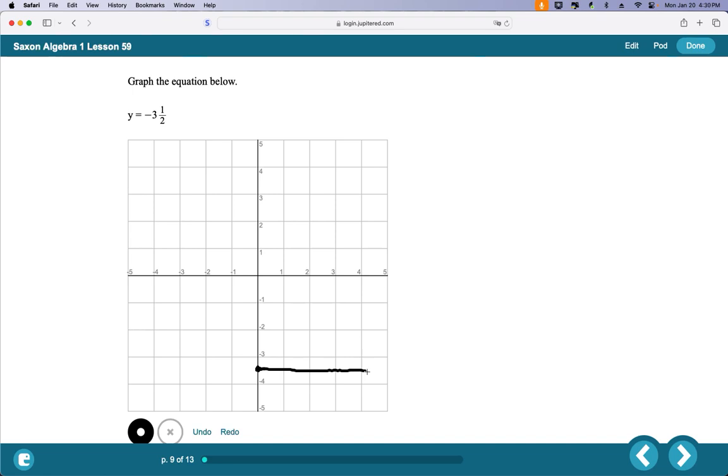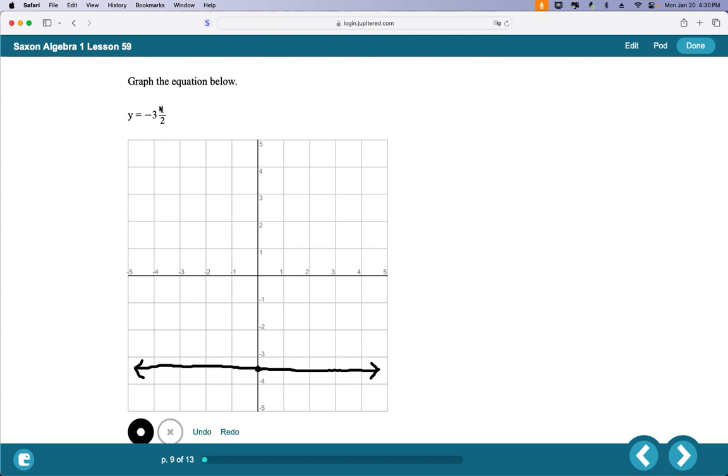You have to make a line that goes all the way across at the negative 3.5. The line is the answer, not the point. It doesn't have to be all the way across. It could be short. As long as you have a horizontal line at the negative 3.5 with arrows on both ends, that's what makes it correct, because it goes on and on forever.